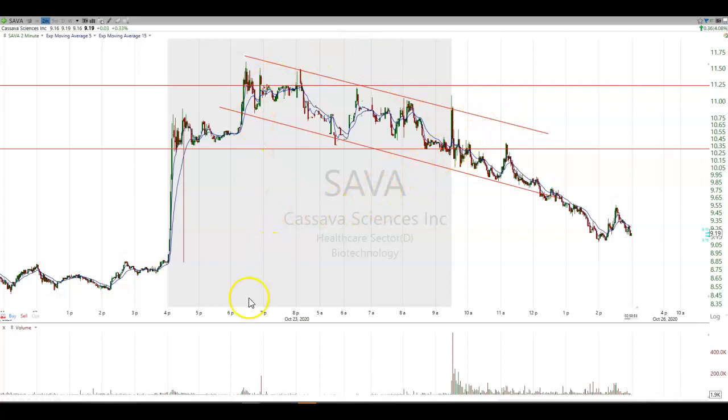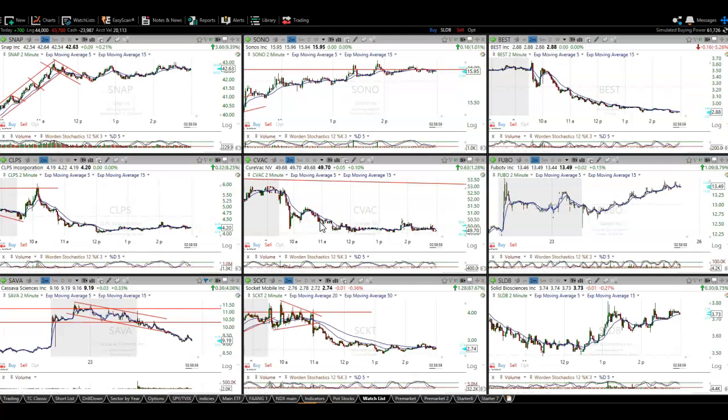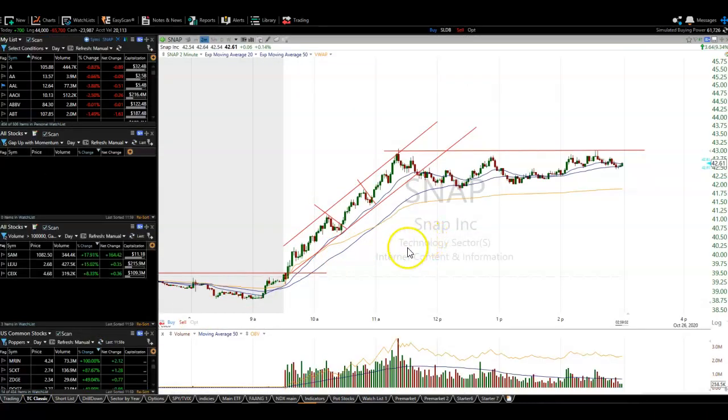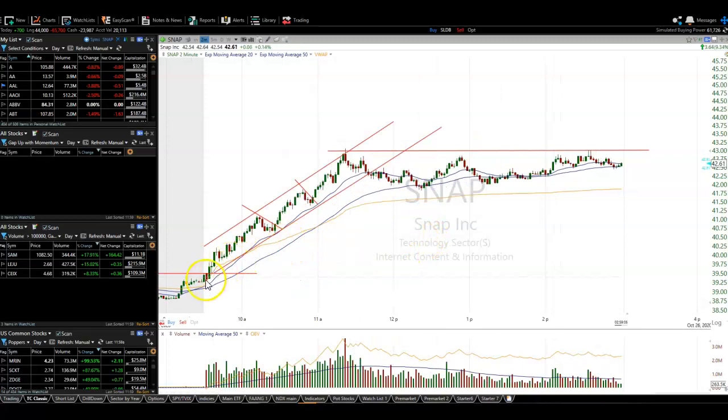Anyways, when we draw a pattern on a chart in the uptrend, normally what you do is you draw it on the bottom line like this, and then you make a parallel line, and that gives you the top of the channel, and you try and join as many dots as possible.